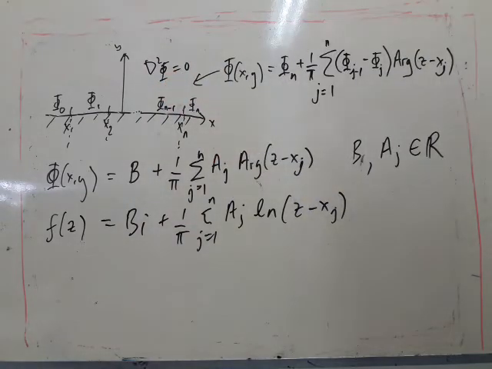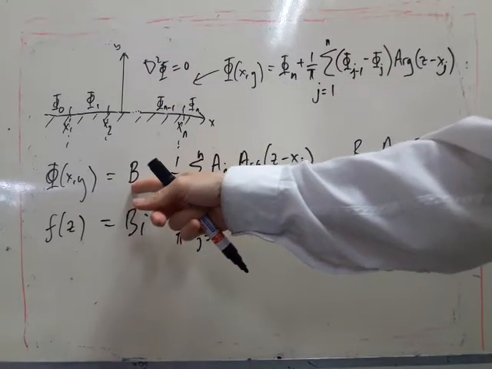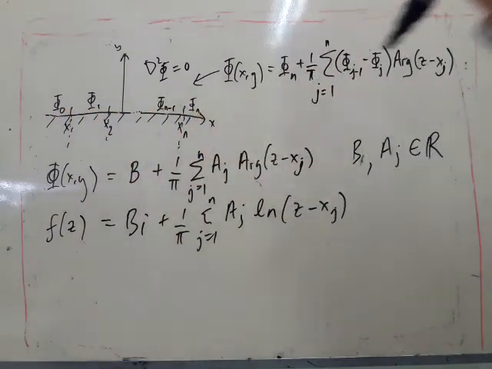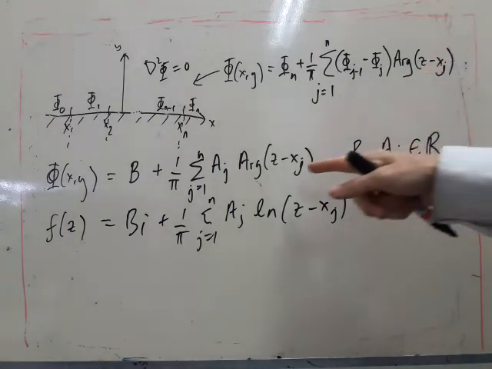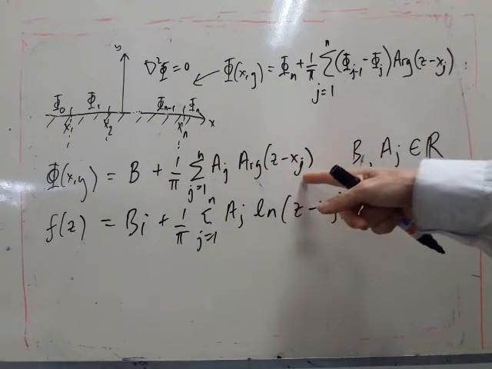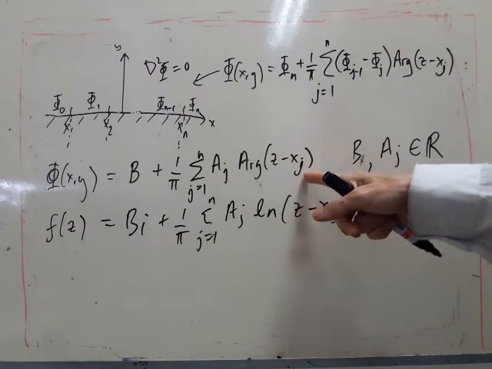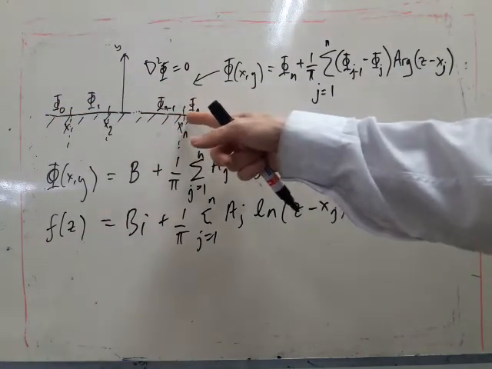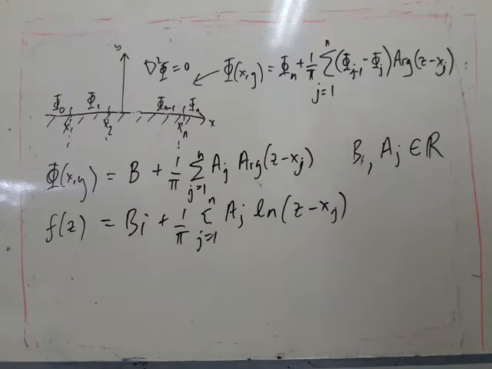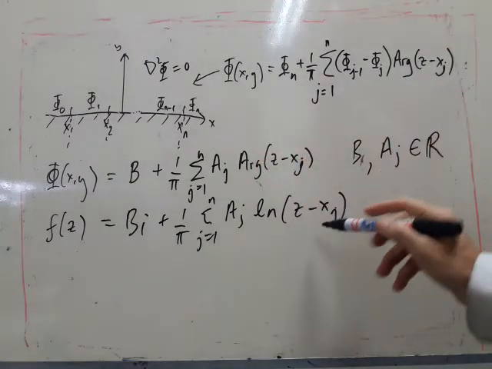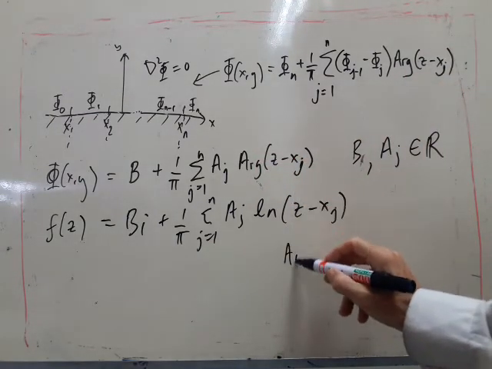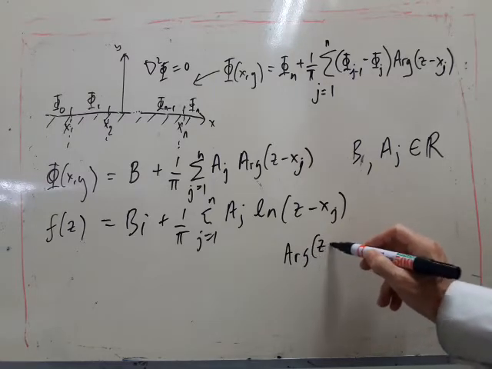Now all we have to do is make sure that this also satisfies the boundary conditions. So to do that, we notice what's going on with this arg of z minus x.